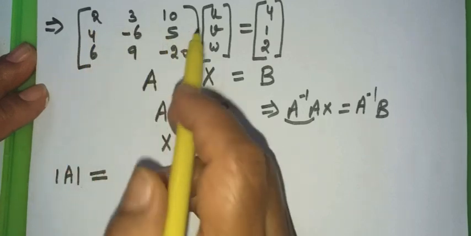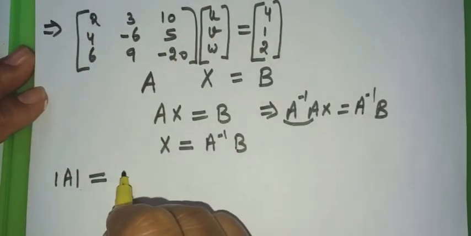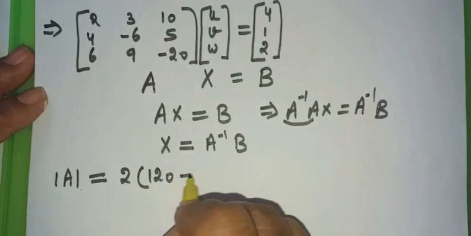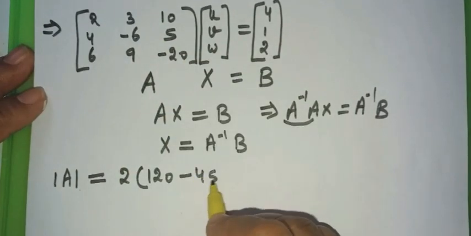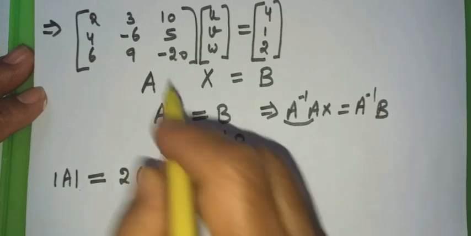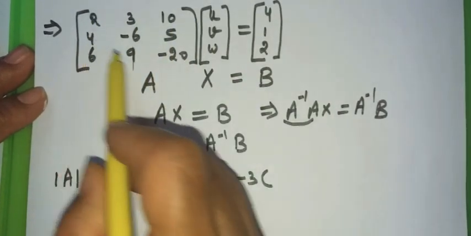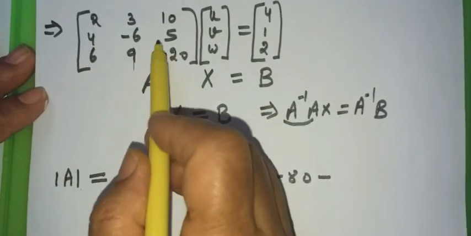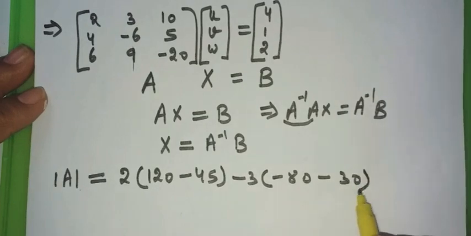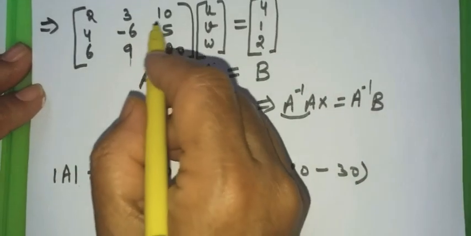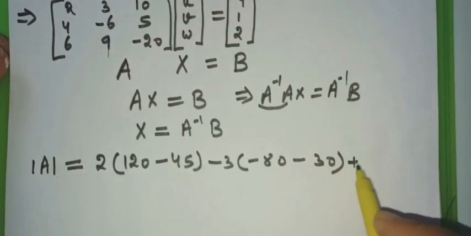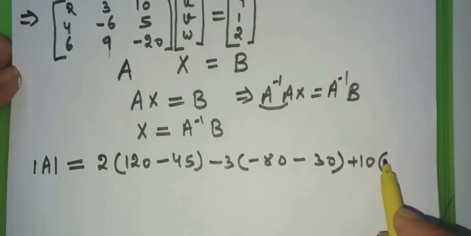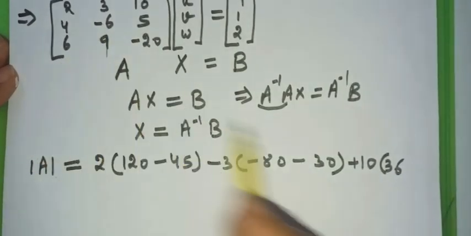I am expanding it along the first row. So I will get 2 into, 20 into 6 is 120, minus 9 into 5 is 45, minus 3 into, neglecting the row and the column, minus 20 into 4 is minus 80, minus 6 into 5 is 30, and then plus 10 into, neglecting the row and the column, 9 into 4 is 36, plus 36.